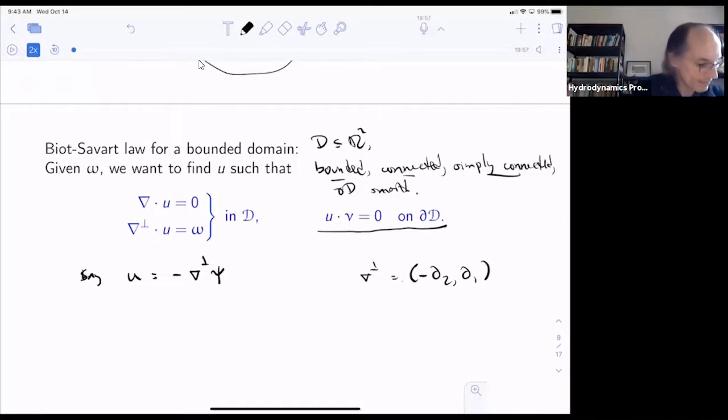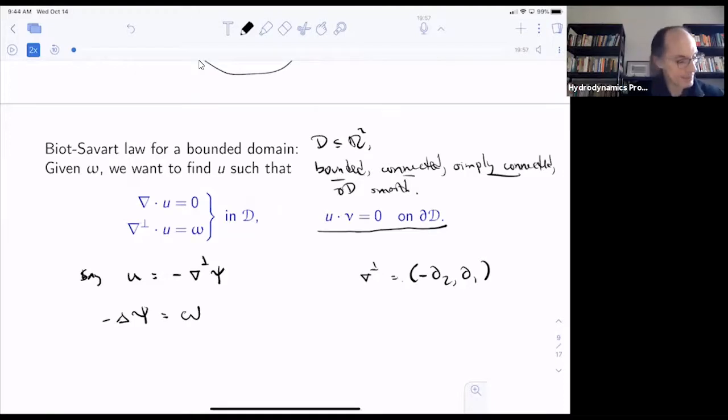This was our recipe before. We invert the Laplacian to get some function we call psi, a stream function. And then we took u to be the orthogonal gradient with a minus sign, I believe.